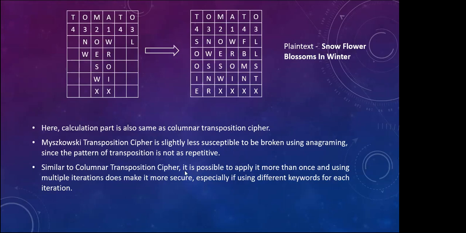This would be a more secure process if we do it in an iterative manner. And this was the Myszkowski transposition cipher. Do you have any questions regarding this?